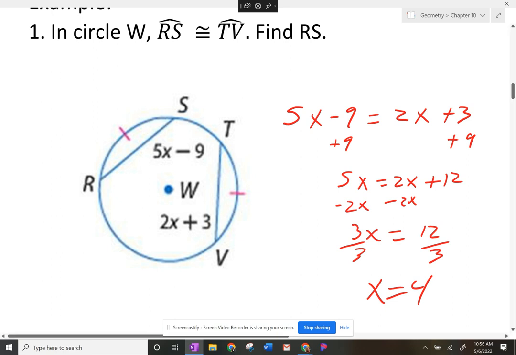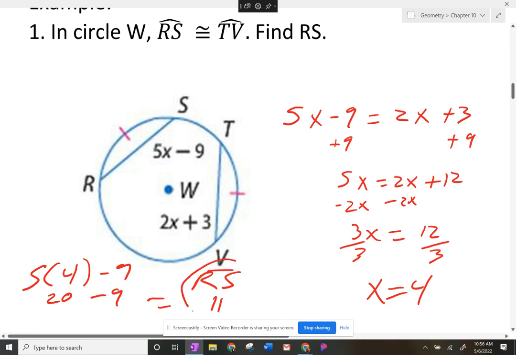So if I know what x equals, and they tell me this formula, what's the very last thing? Plug it in. So I get 5 times 4 minus 9. 5 times 4 is 20 minus 9. That tells me that RS is going to equal 11.